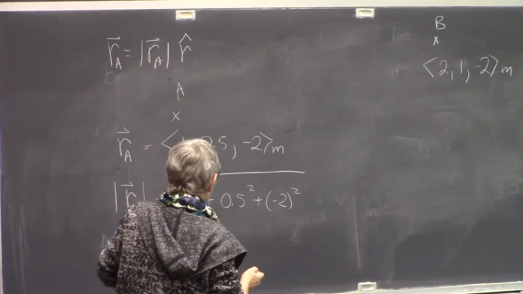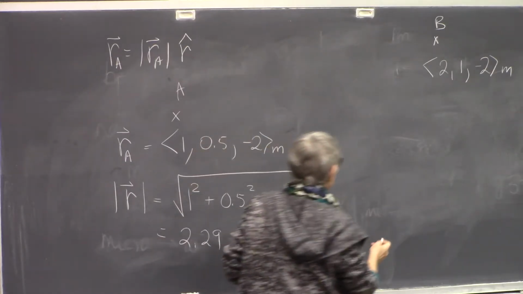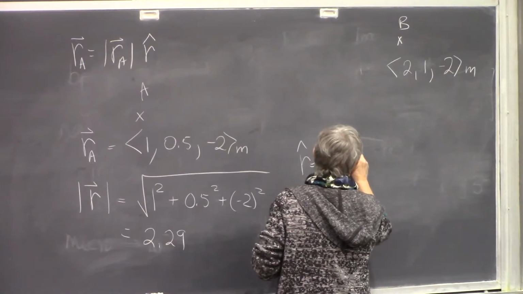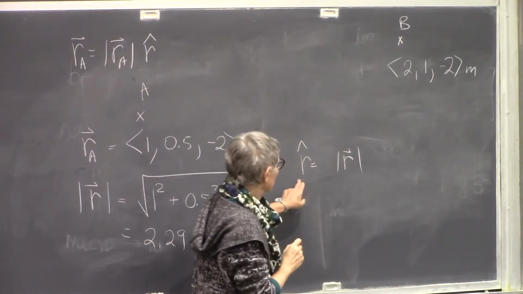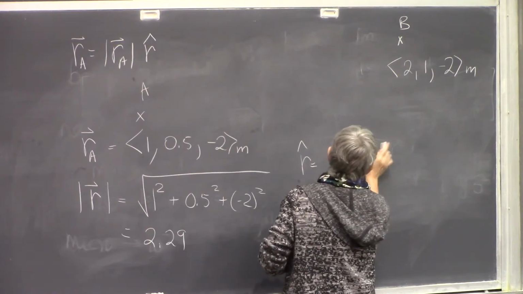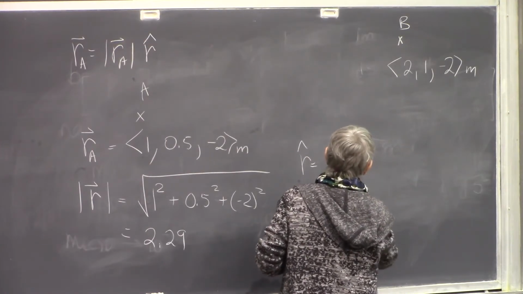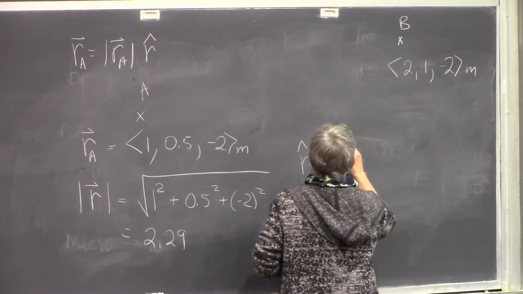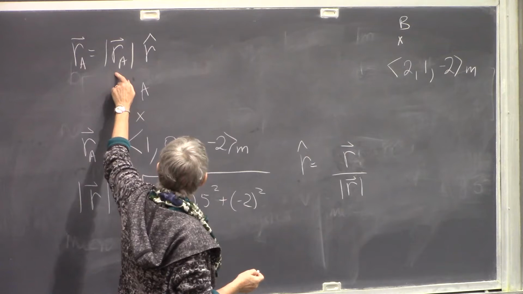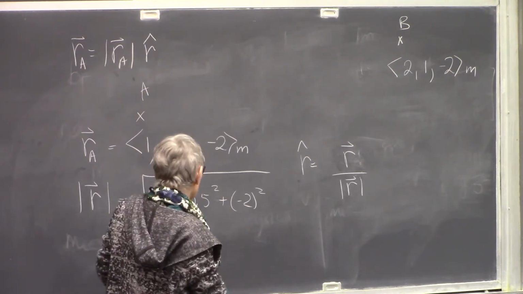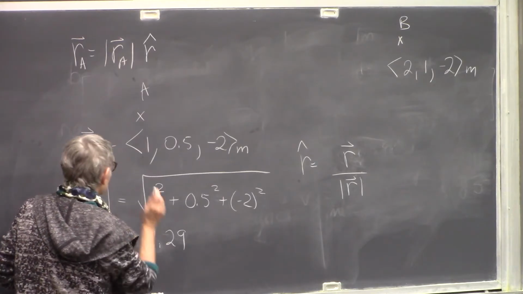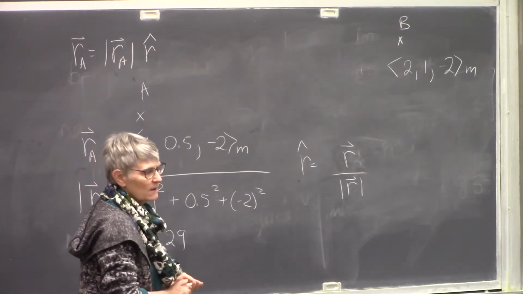And to calculate a unit vector, we just calculate the magnitude of the vector and then divide the vector by its own magnitude. So let's calculate the unit vector RA hat in the direction of RA.